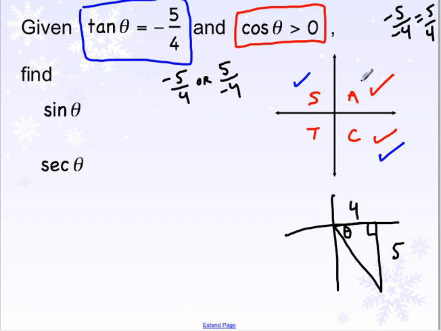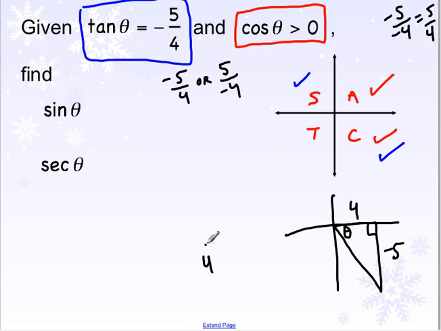So we have to decide, is the negative on the 5 or is the negative on the 4? Well, look at what direction they're going in. 4 is going to the right, 5 is going down. Since 5 is going down, that's the one that's negative.